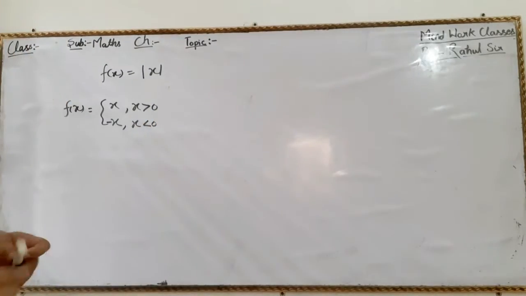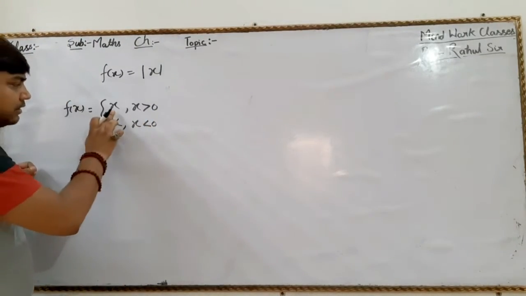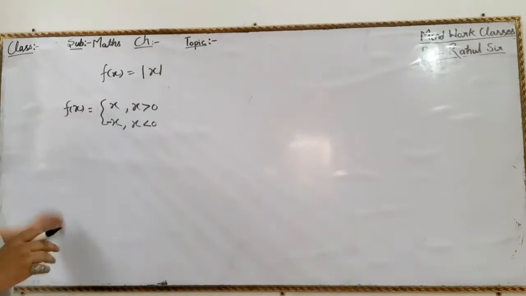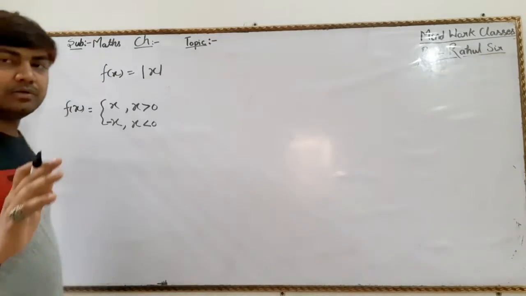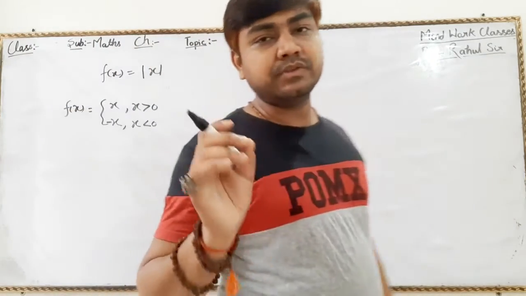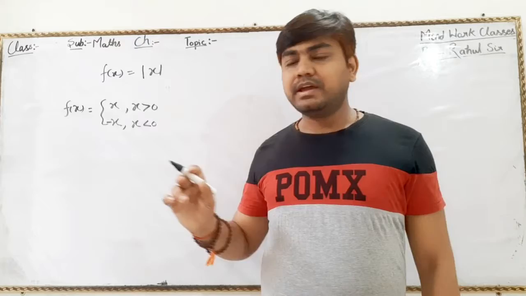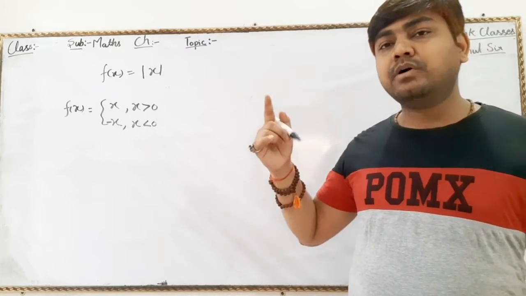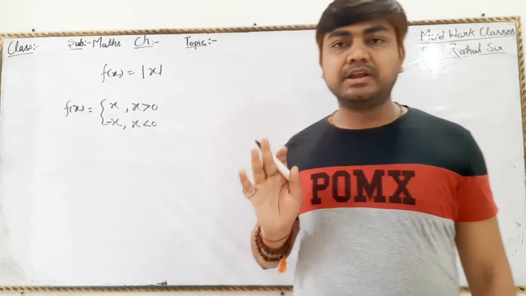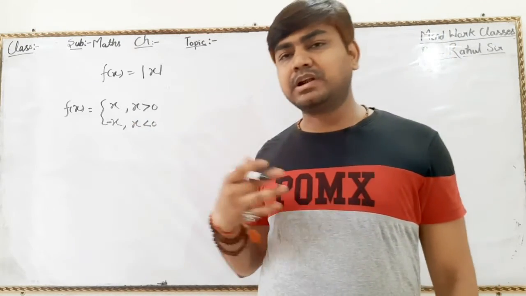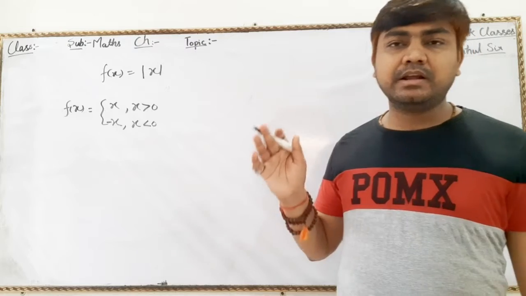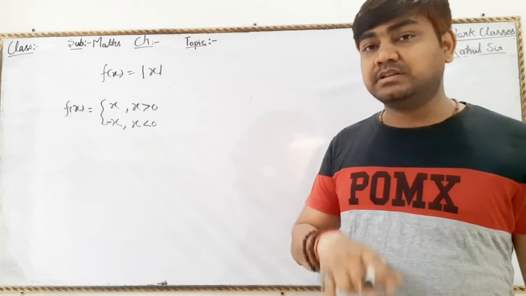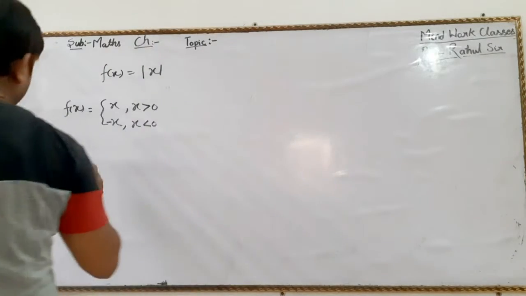Please understand it. f(x) is equal to x when x is greater than 0. That means if the value of x is greater than 0, then f(x) will be equal to x. Now, if the value of x is negative, minus 1, 2, 3, minus 7.5, whatever it is, we get a negative sign with x, then the value of function will be equal to minus x.